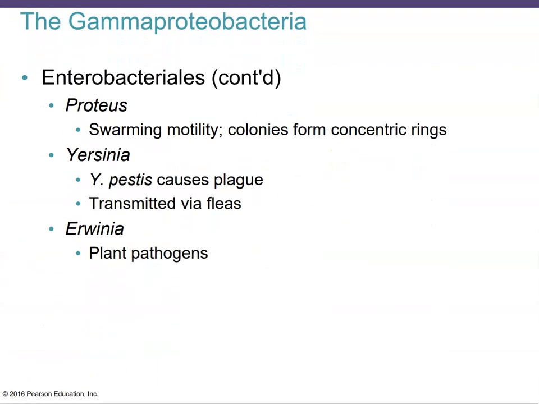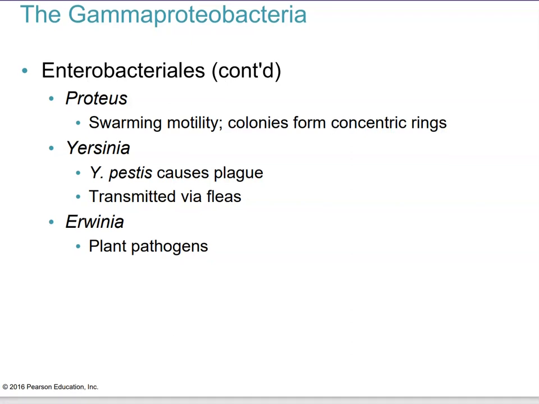And more gamma proteobacteria. We have Proteus. That one is a very large group, and they have a lot of motility. They're easily grown. They're pretty ubiquitous, found in many environments. And then Yersinia, an important pathogen that has caused many problems over the centuries. Yersinia pestis, a very important pathogen, the cause of plague.